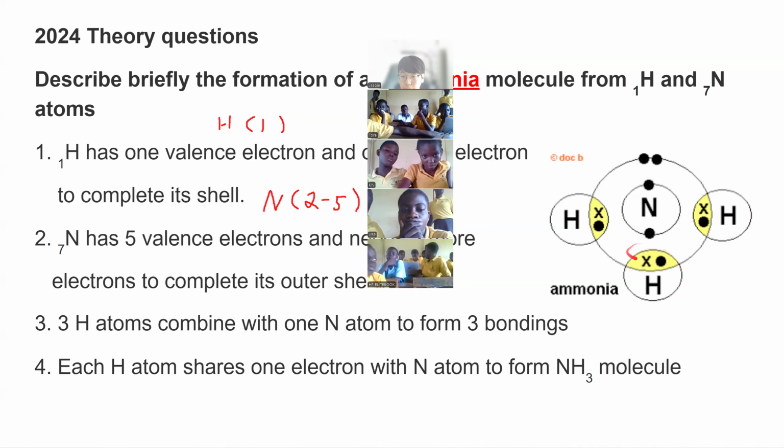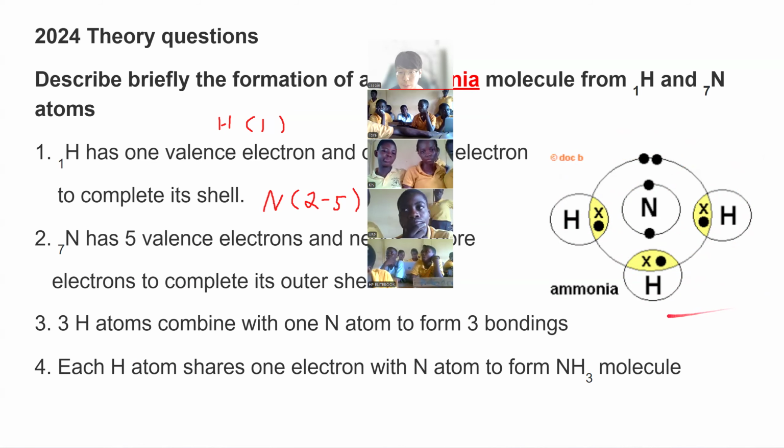They are helping each other, and all of them become stable. Hydrogen has 2, which is stable. Nitrogen has 8 in the outermost shell, which is also stable.